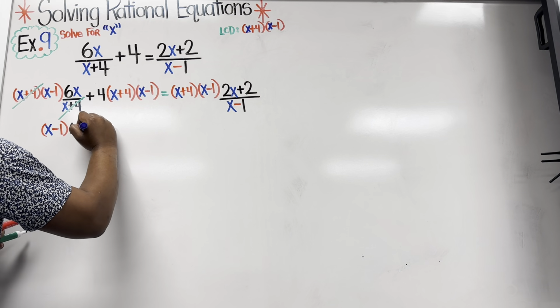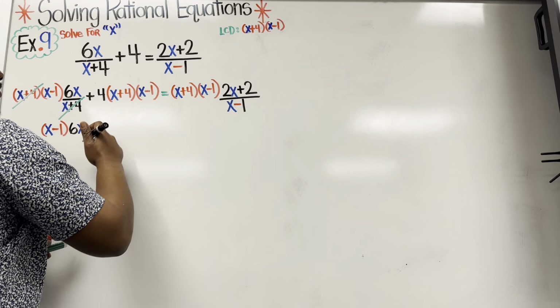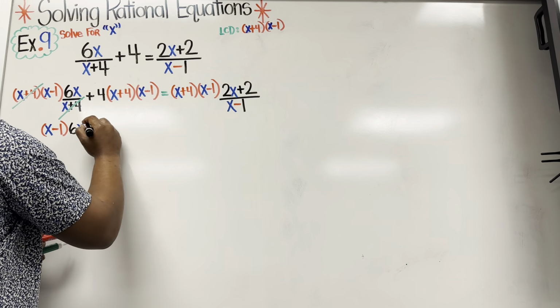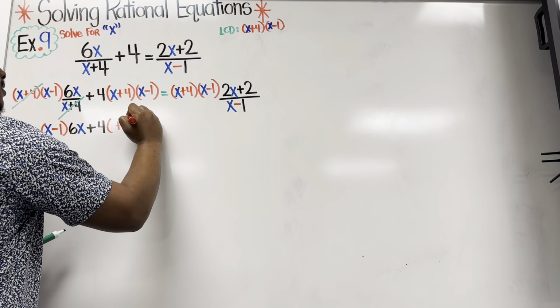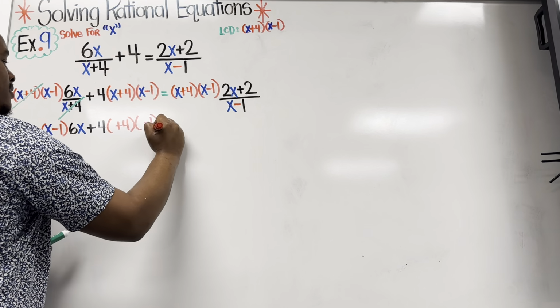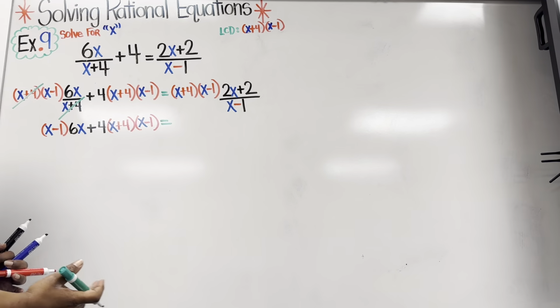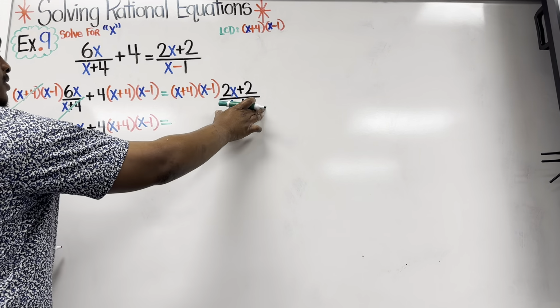All right. Over here, everything else is going to come down the way it is. Nothing is going to cancel out, so I'm still going to have 4 times the LCD. Equal. Same thing on this side. In this expression, the denominator is x minus 1, and x minus 1 is part of the LCD.